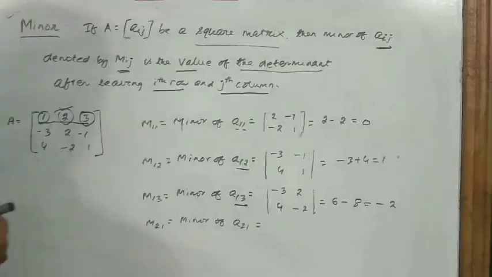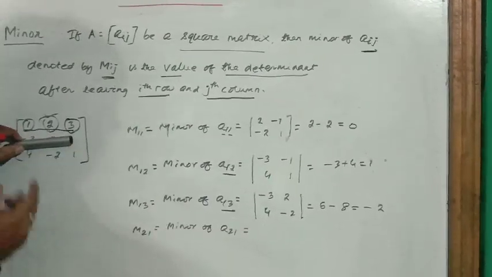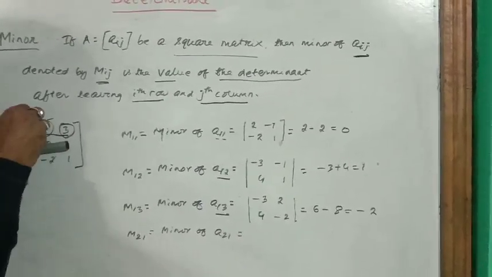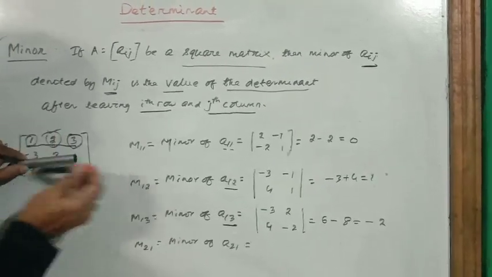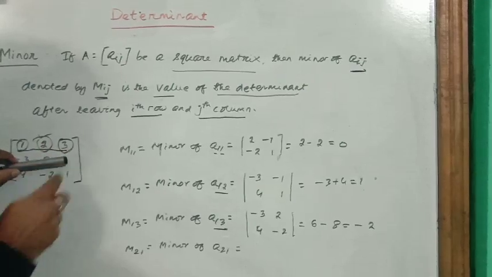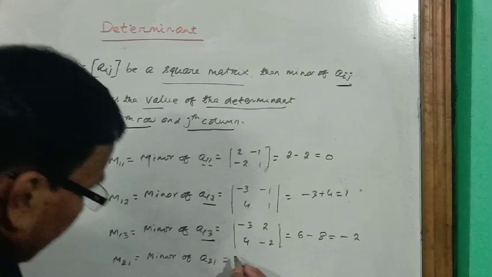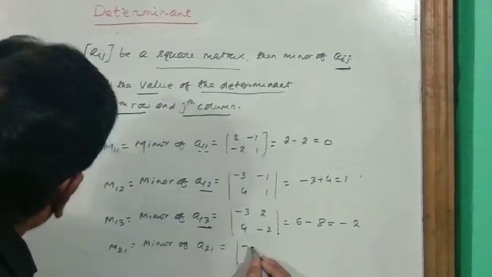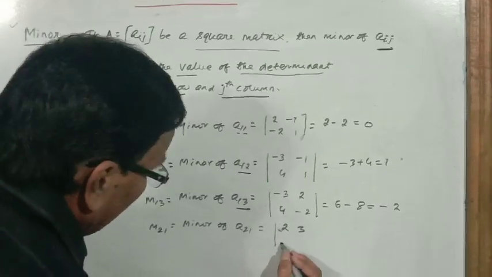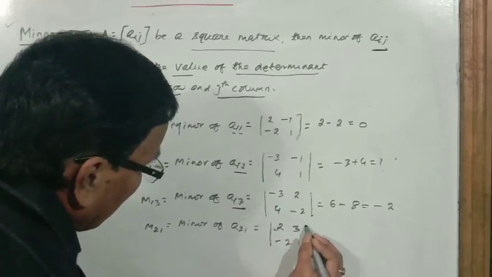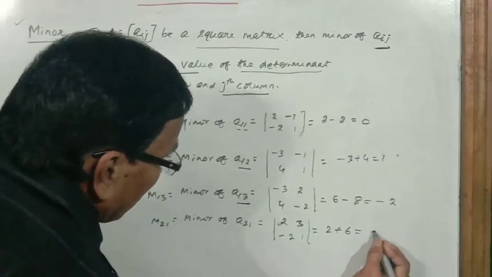In order to find its minor, we have to omit the second row and first column. So we are getting the determinant of 2, 3, minus 2, 1. So it is equal to 2 plus 6, that is equal to 8.